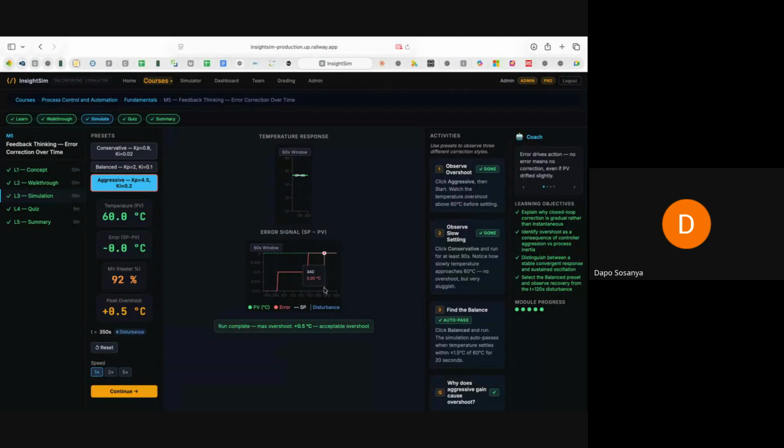Now, all those overshoots already cost money because our setting was aggressive. We pushed MV to 100%, right? So those excesses have energy implications. And not only energy, by the time we begin to do the analysis, the MV is associated with your final control element, which is either the valve or the motor.